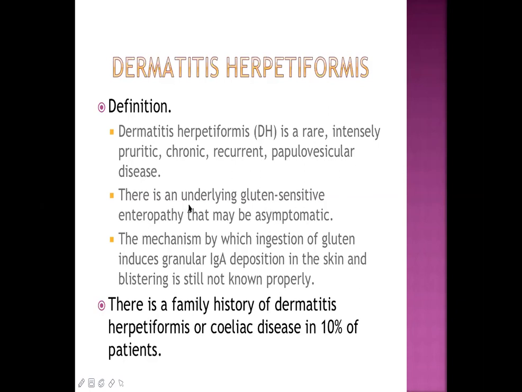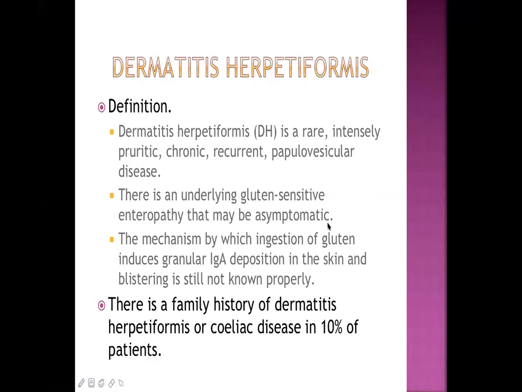Now the important point here, there is an underlying gluten sensitive enteropathy that may be asymptomatic. If you remember, we clearly talked about this point in celiac disease. Almost 70 to 80% of the patients of celiac disease are asymptomatic. They have very minor symptoms.